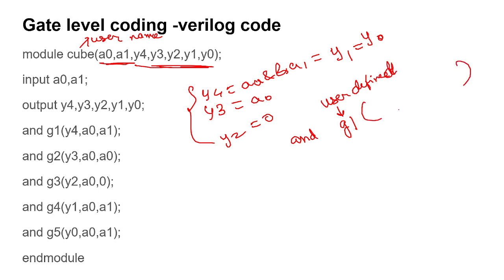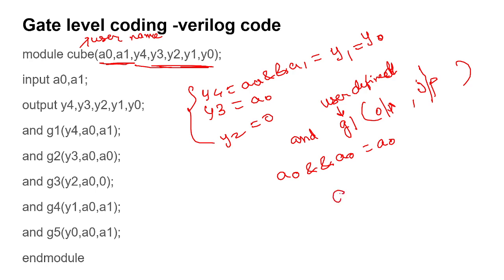And then here, output followed by input. So y4 is the output, a0 a1 is the input, and for g2 I want a1 a0, so I can have a0 and a0, which is equal to a0.